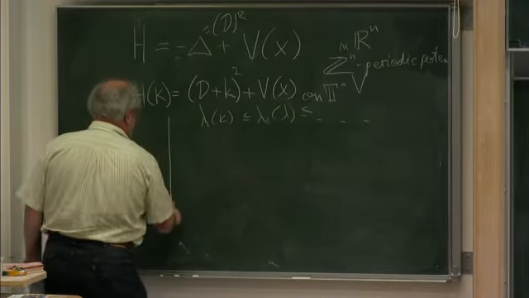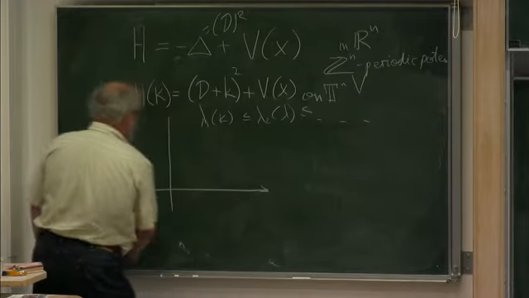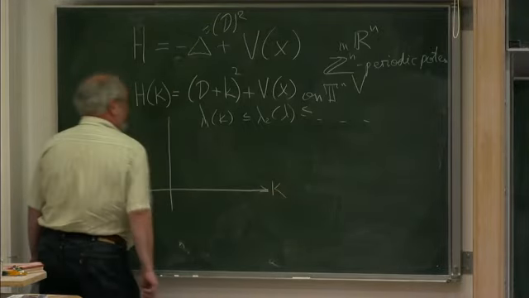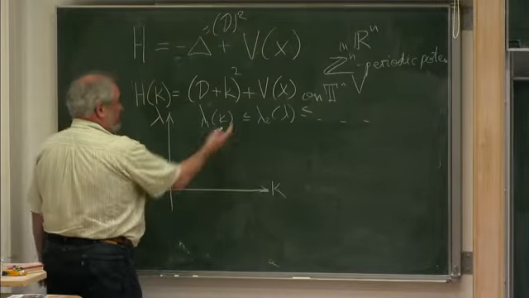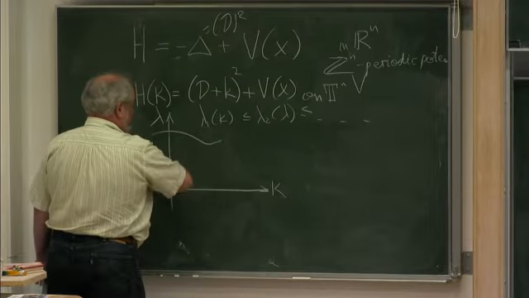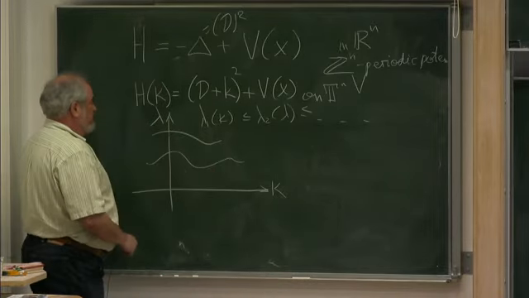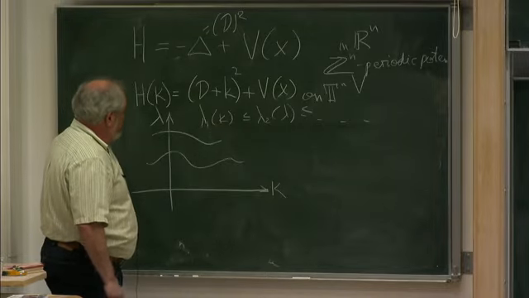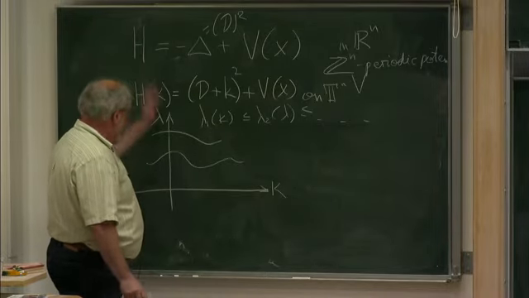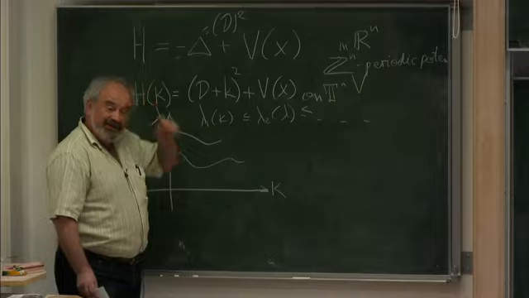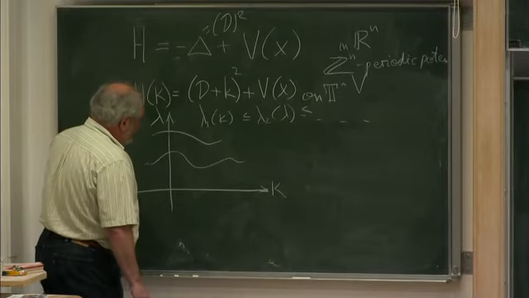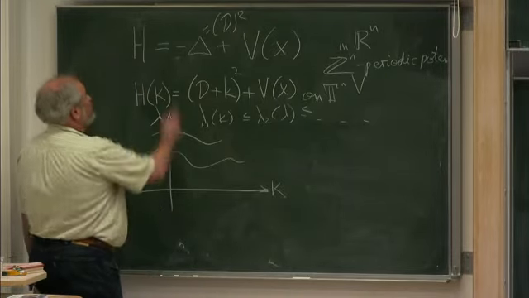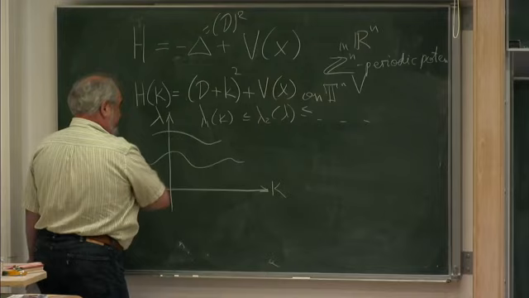What you do, you draw the graph. Here is multi-dimensional quasi-momentum, and here is the spectral parameter. You draw the graphs of those lambdas, which is called dispersion relation, and they can collide, they can have all kinds of singularities and all this nasty stuff. What I need to remind you is that the spectrum of the original operator is just the range of this.